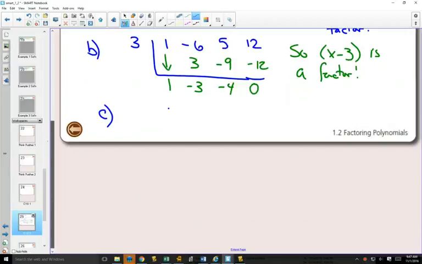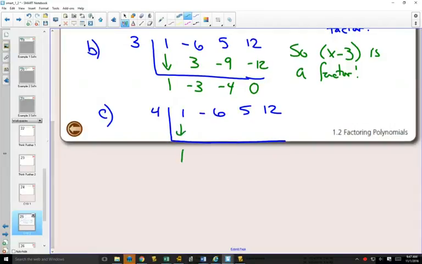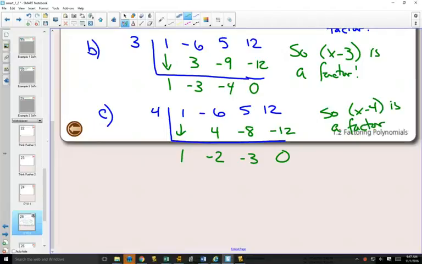So once again, I'll set up the synthetic division. Positive 4 out here. Bring down the 1. And we found another one. x minus 4 is also a factor.